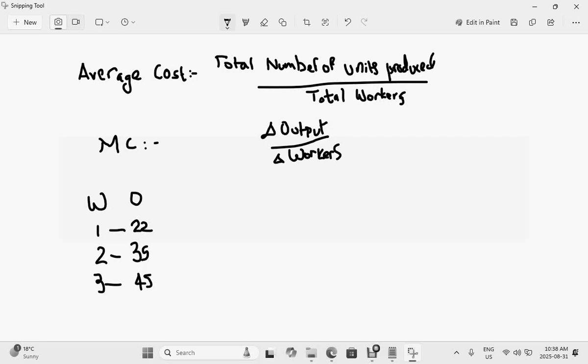Now, if you were to figure out the average cost, AC, which is total number of units produced divided by number of workers: 22 divided by one worker in this case, so this will be 22. Over here you have 35 plus 22 divided by 2, so this will be 28 and a half.